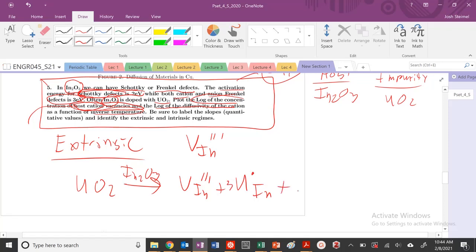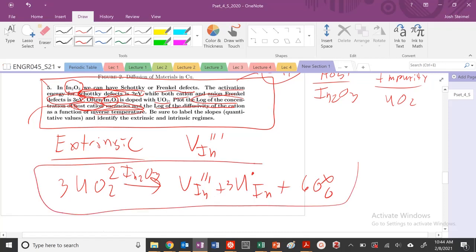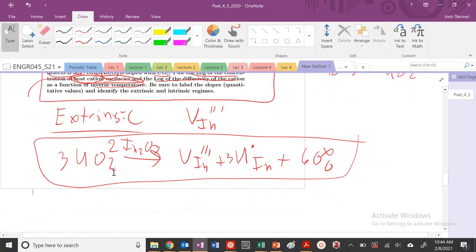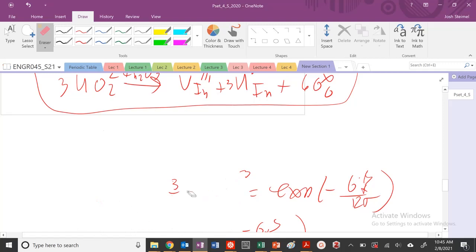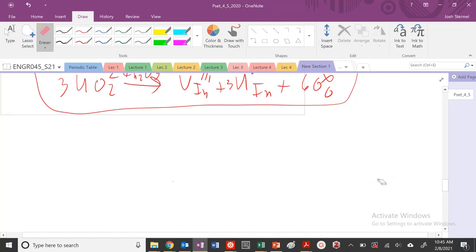Now I can do the rest of my analysis here. Let's mass balance across here. I'm going to need to have 3 UO2 plus 6 oxygen X. Good there. Indium, I have 2 here. That's it. So this is my reaction here. Now I need to go through my steps again. How can I figure out the concentration of my vacancies?